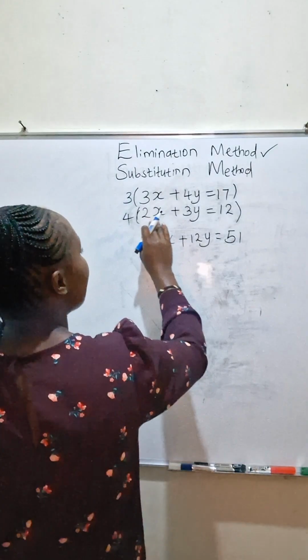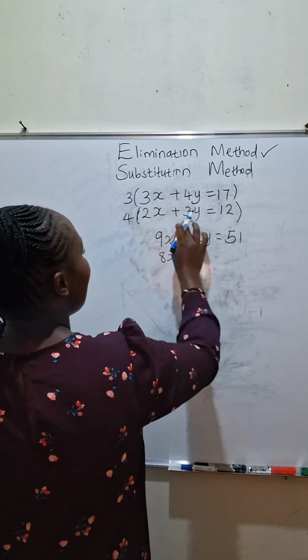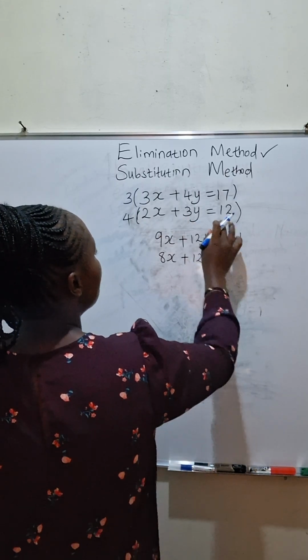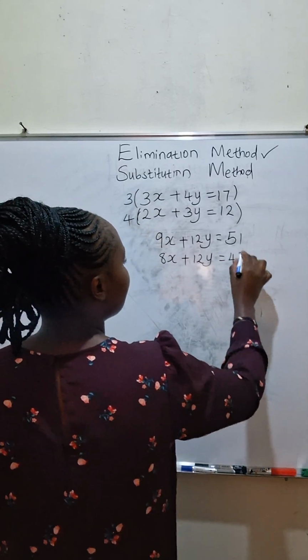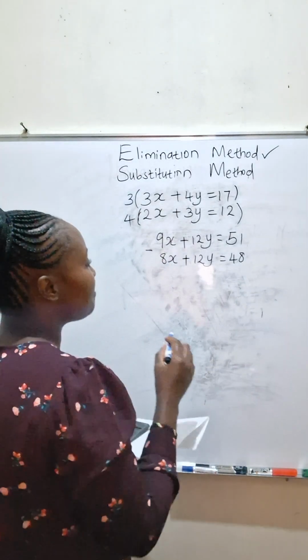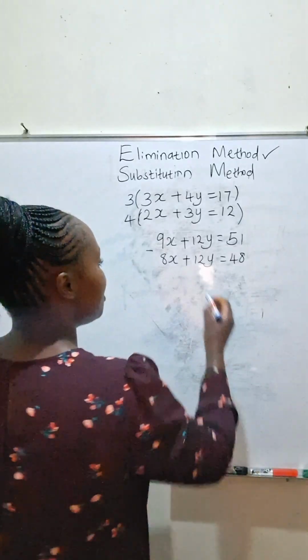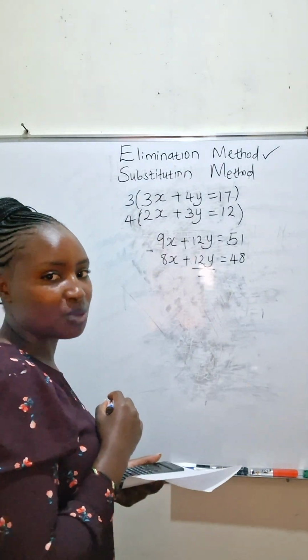Okay? 2x times 4 is 8x, plus 12y, equals 12 times 4, which is 48. So we introduce a negative, because positive 12 minus positive 12 is 0. We have already eliminated that one.